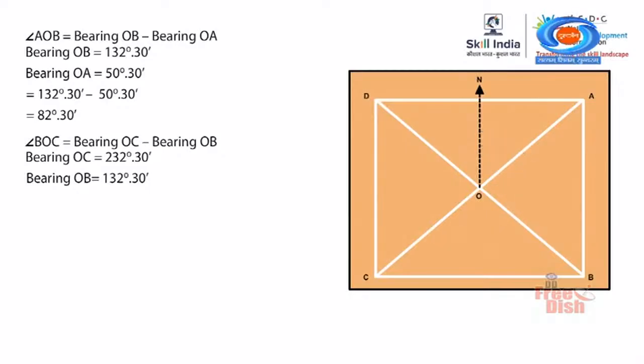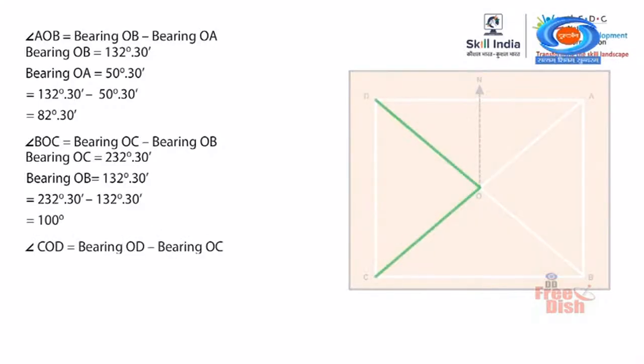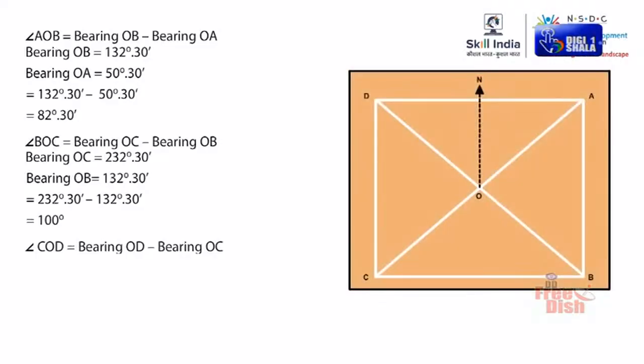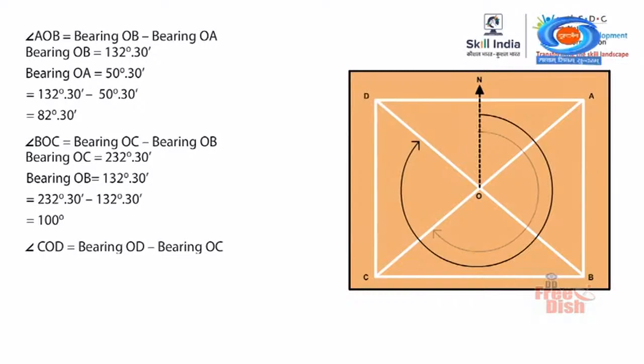Therefore, we can say that angle BOC is equal to 100 degrees. Similarly, we can say that angle COD, which is the difference between bearing OD and bearing OC, is equal to 87 degrees, 30 minutes.